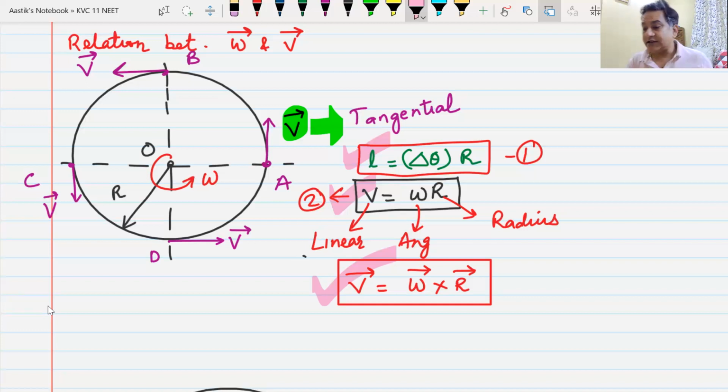We have seen the relation between velocity and angular velocity. What should be the last relation? Tell me, fatafat. No one knows it. Okay.